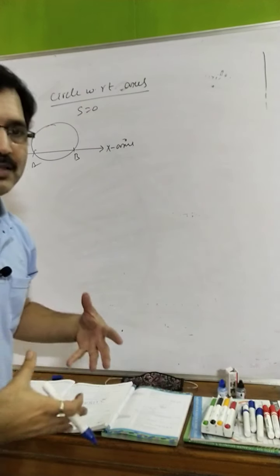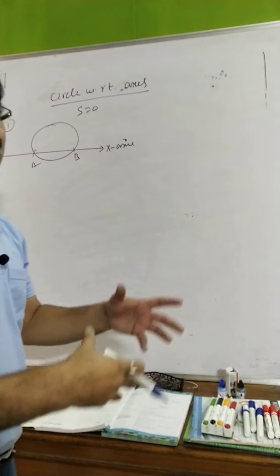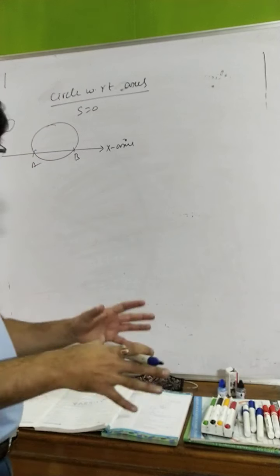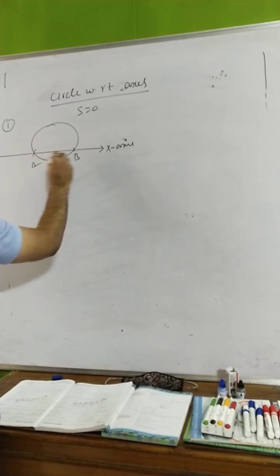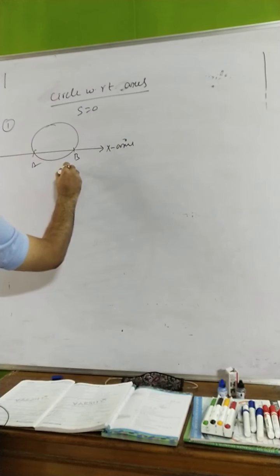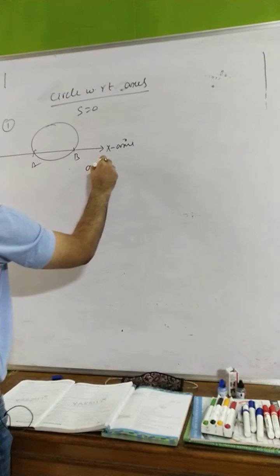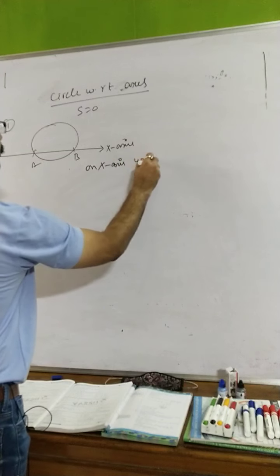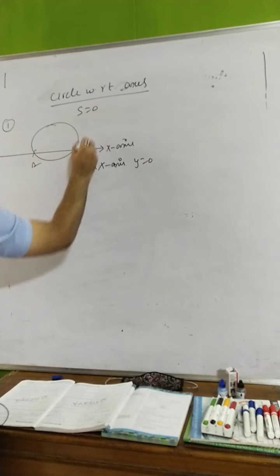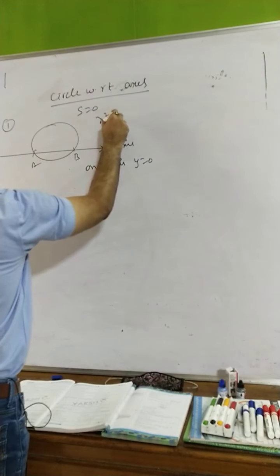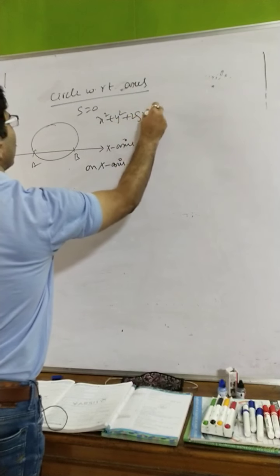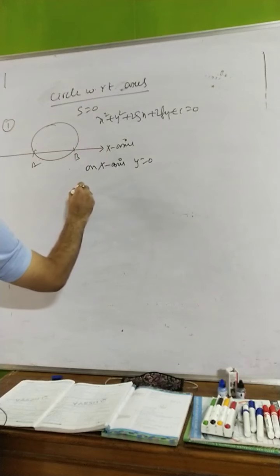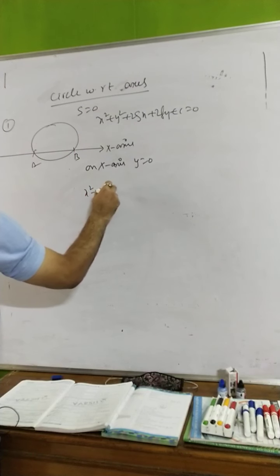So you can say it like this also, the intercept made by the circle on the x-axis. What is the length of the intercept made by the circle on the x-axis? Very simple. In this case, you know very well, on the x-axis, y is equal to 0. Then if you substitute y equal to 0 in x square plus y square plus 2gx plus 2fy plus c equal to 0, you get x square plus 2gx plus c equal to 0.